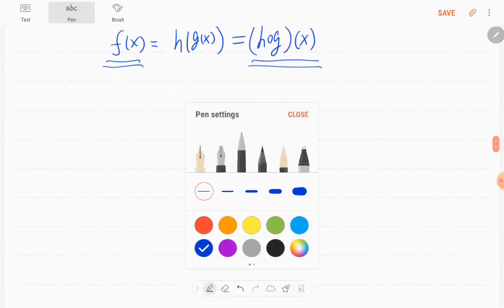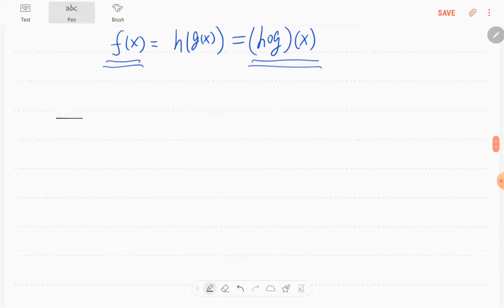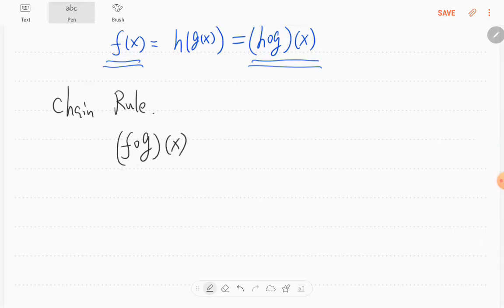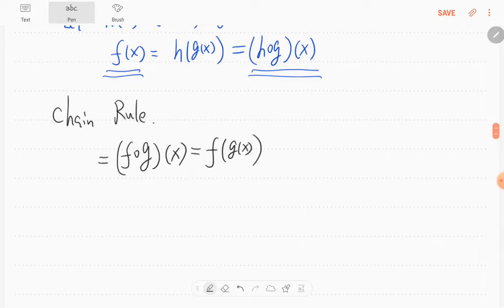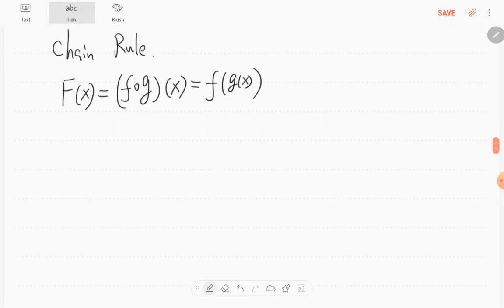Here I give you the result for the chain rule. Suppose we have f composed with g, which means f of g of x. We denote this function of x as capital F. We want to take the derivative of capital F, because it's a function of x.